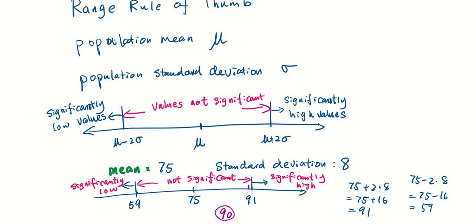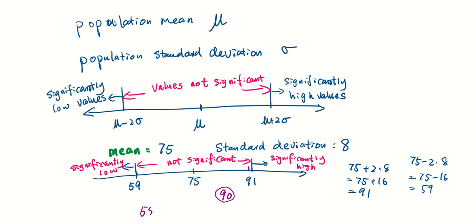It's a score that is not considered significant. However, if a person scored, let's say, 55, which falls into this range, right? And 55 will be considered significantly low.